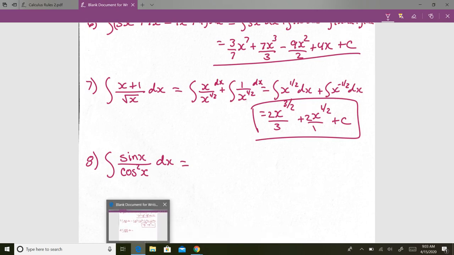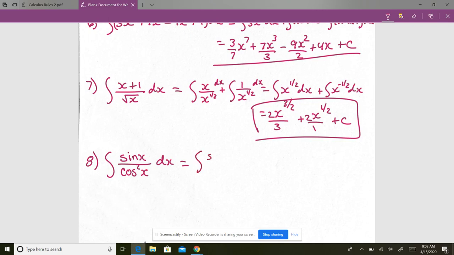I'm going to rewrite this as the integral of sine x over cos x times 1 over cos x dx. That's the exact same thing. Now I just broke up this cos squared. Sine over cos is tan of x. 1 over cosine is secant x dx.